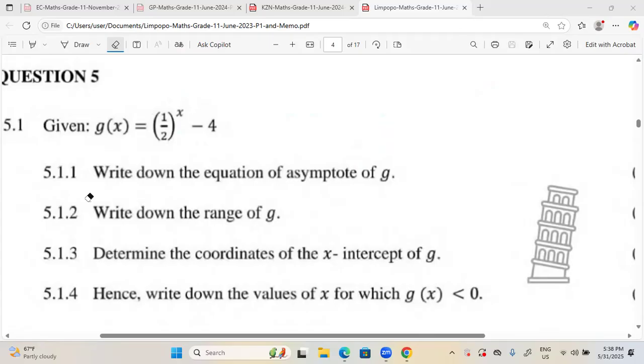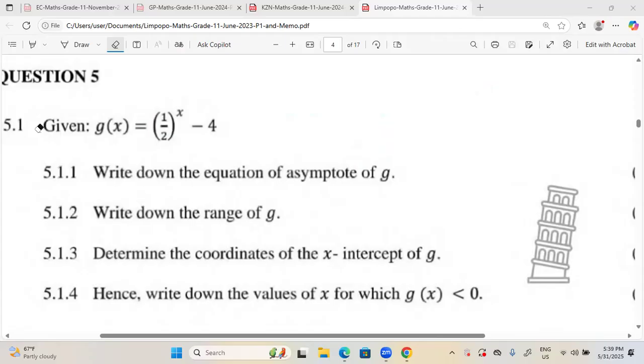But for you to understand, how do we find the range of the exponential function? You have to understand how we sketch the exponential function. So I'm going to sketch this exponential function for you so that you can easily see the range of the function. And after all, sketching the exponential graph is part of your syllabus. So you have to know how to sketch the graph.